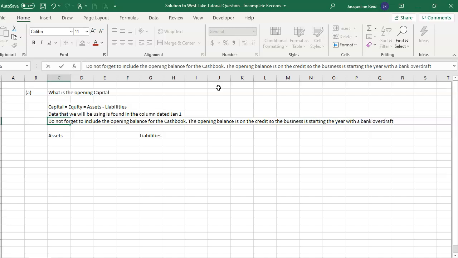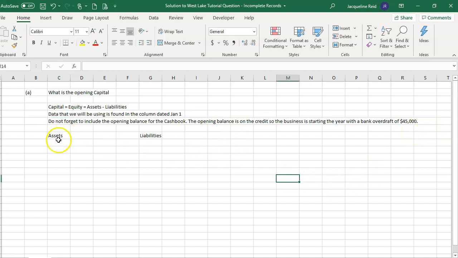And the value for the overdraft is $45,000. So when we are working out the opening capital, we must remember to include the opening balance for the cash book.